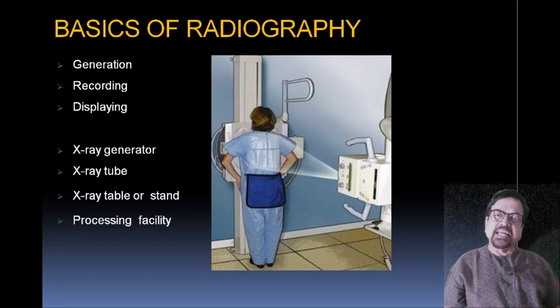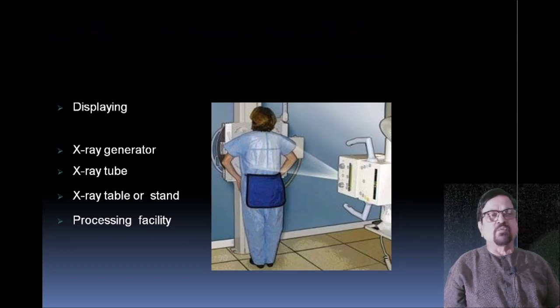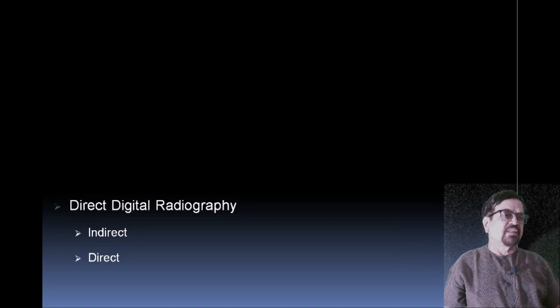Second is the recording. The recording can be done in CR and DR in better ways, versus the earlier days with the help of film, which had a limited life, and in due course they were difficult to maintain in good shape. Now display was also only in the radiology department or on the view boxes, and portability was difficult.